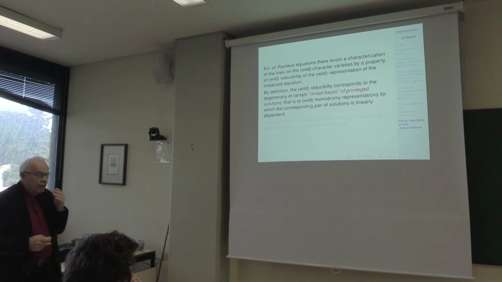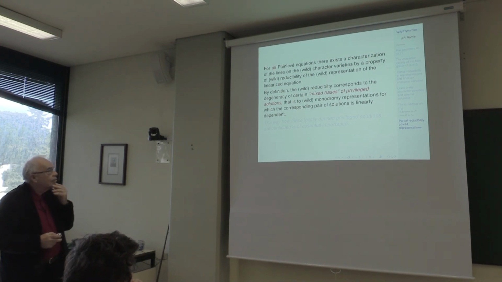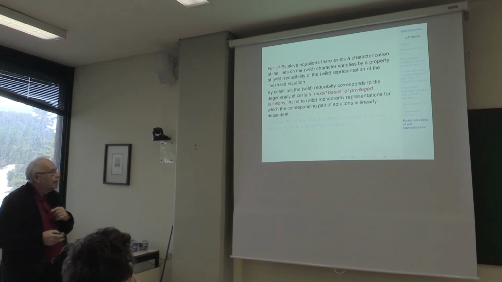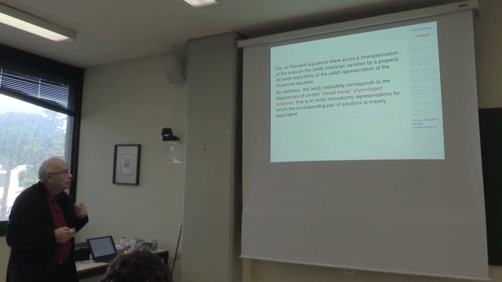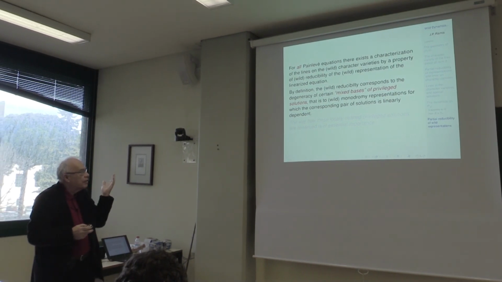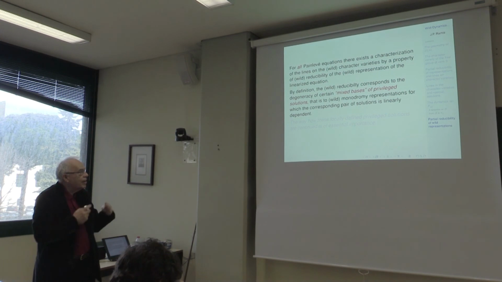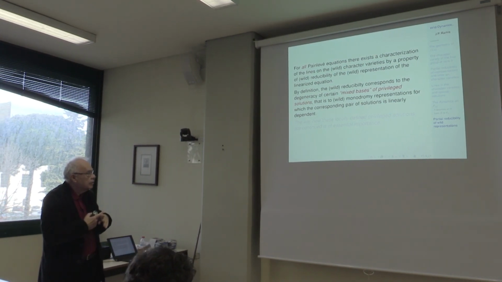For the whole Painlevé equation, in some sense, the story is the same. You have a characterization of the line on the wild character variety by a property of wild reducibility of the wild representation for the linearized equation. So, as I explained before, the reducibility for P6 corresponds to the degeneracy of certain mixed basis of privileged solution.